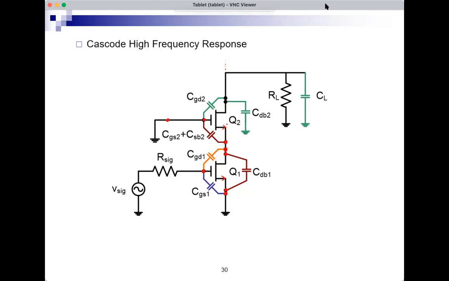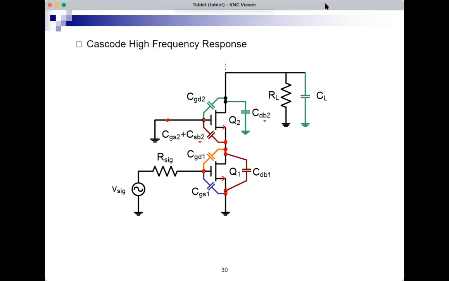In the case of Q2, the source is not grounded, and therefore I have to consider the capacitors between drain and body and source and body. So here I will also see a CSB for Q2, because S and B are not shorted.